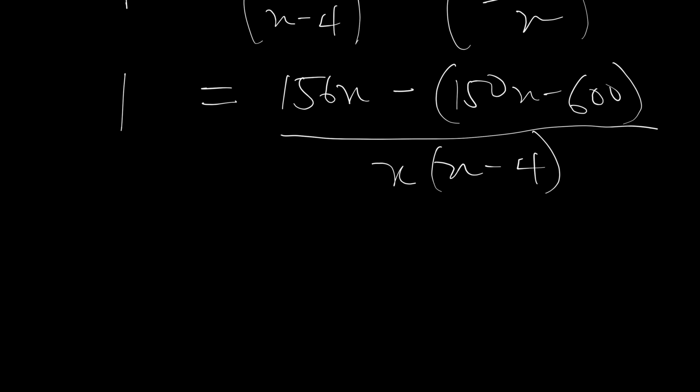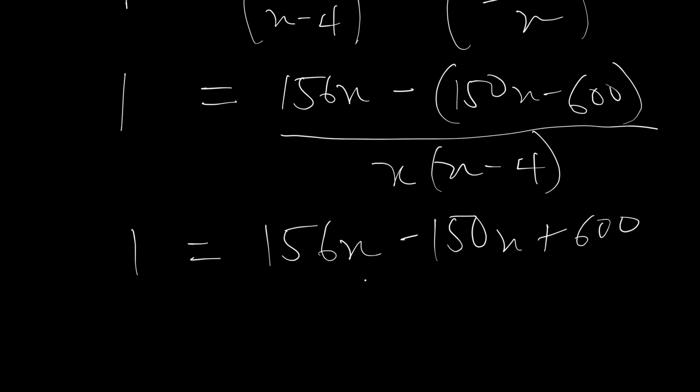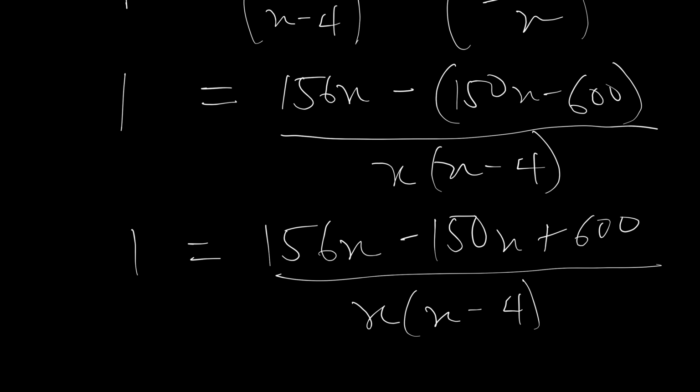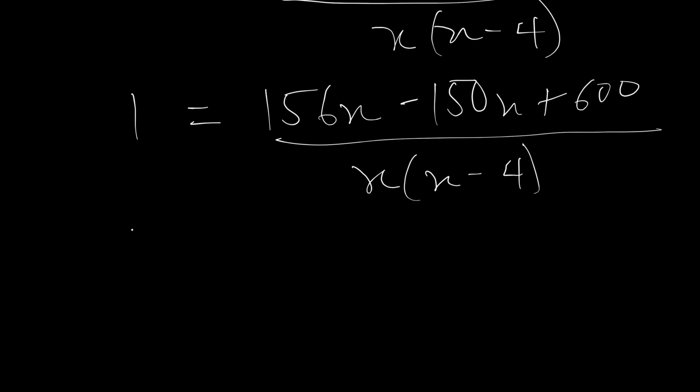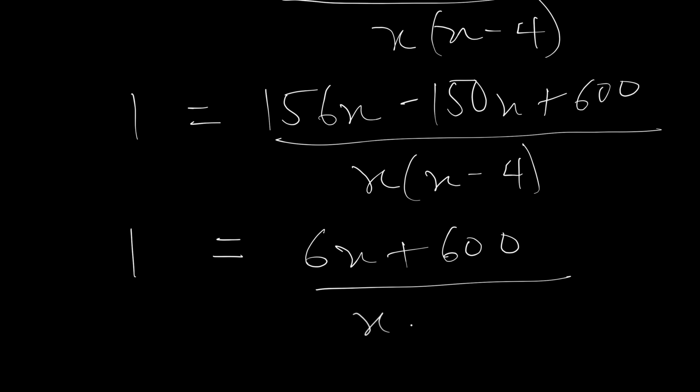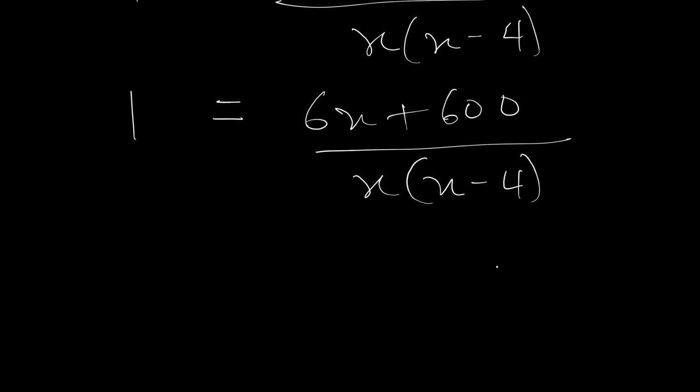So this can be written as 1 is equal to 156x minus 150x plus 600 all divided by x multiplying x minus 4. Now we have 1 equal to, so 156x minus 150x is 6x plus 600 all over x multiplying x minus 4.